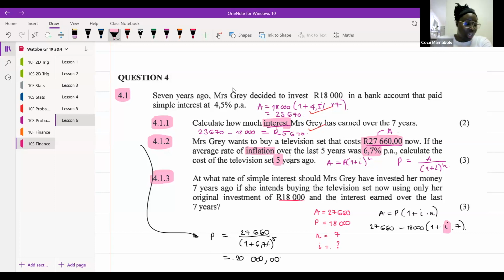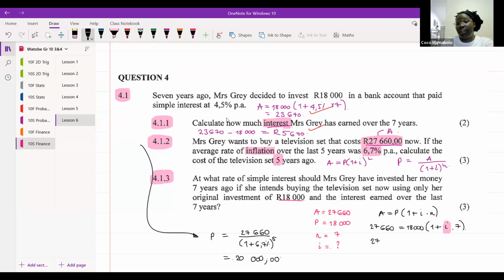Does anybody want to venture how we're going to answer this question? Anybody? Somebody? Okay, Nyasha says divide A by P, agreed. We're going to start by dividing, right?